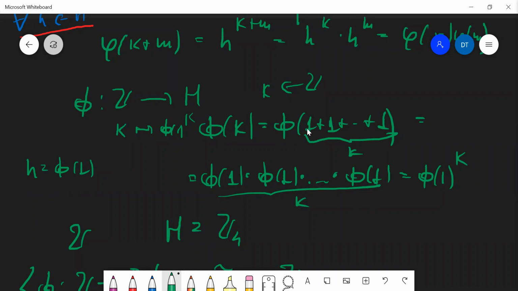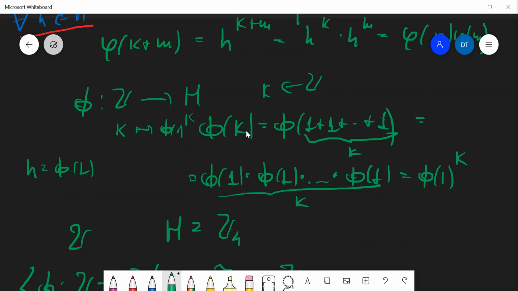But since phi is a homomorphism, it changes this plus to the operation in the group H. So this equals you just multiply phi of 1 k times. And this is phi of 1 to the power of k.